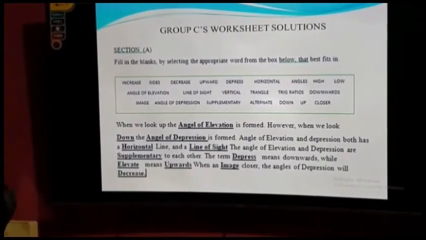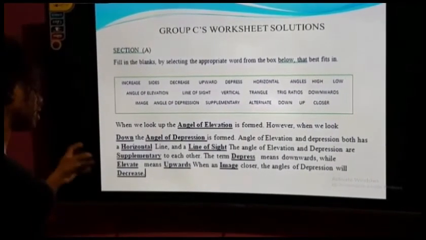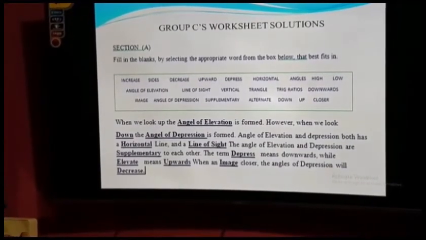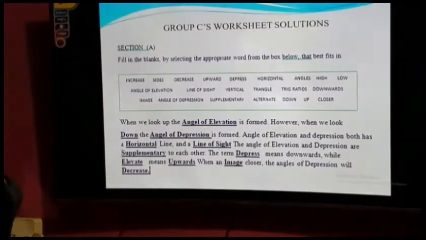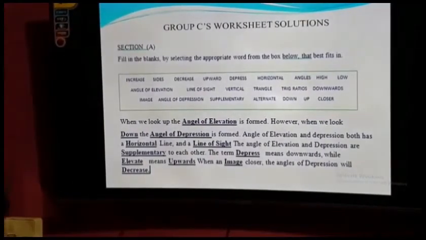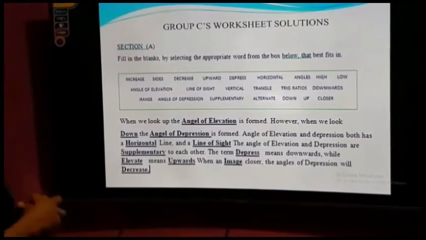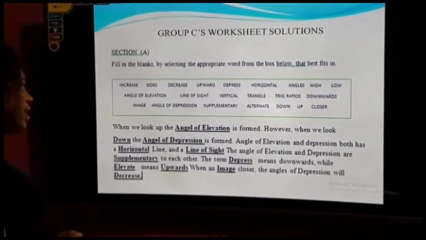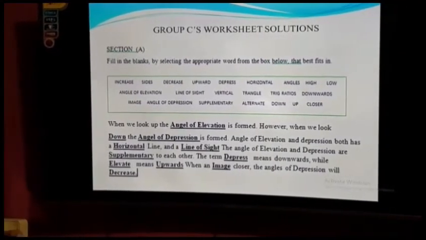Angles of elevation and depression both have a horizontal line and a line of sight. The angles of elevation and depression are supplementary to each other. The term depress means downwards, while elevate means upwards. When an object is closer, the angle of depression will decrease.